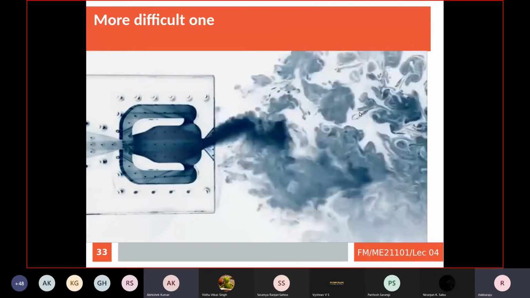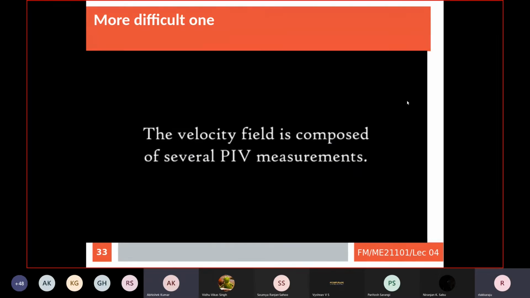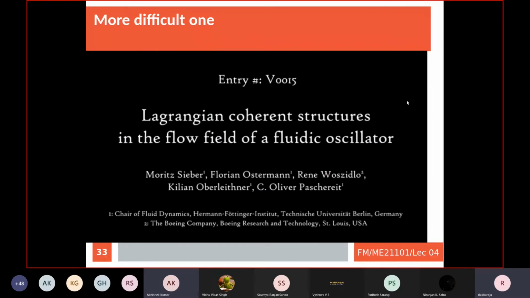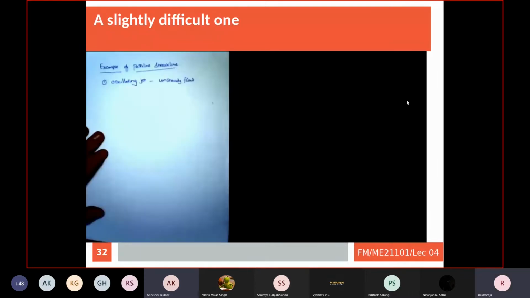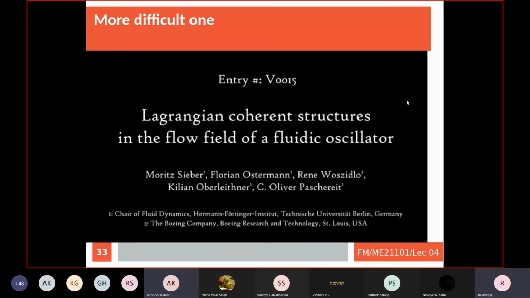And this kind of breaking up of parts, what you call turbulent motions. So complicated even to describe it. And I'm sorry, can you see that? It is sponsored by Boeing company. It looks like a very simple problem. What is so great?